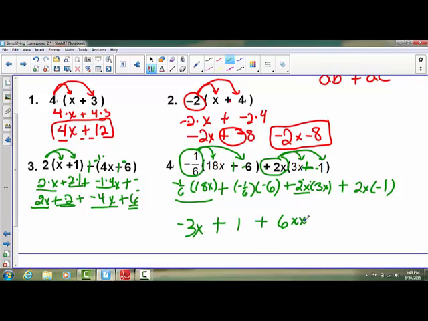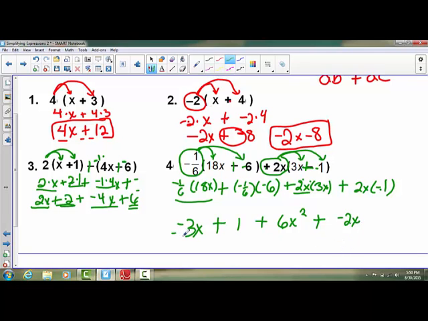When we repeat multiplication, it's an exponent. So instead of writing x times x, we're just going to write x squared. Okay? And then here we have plus 2 times negative 1 is negative 2. And then the x doesn't have any other x's to multiply by, so we just write it down.